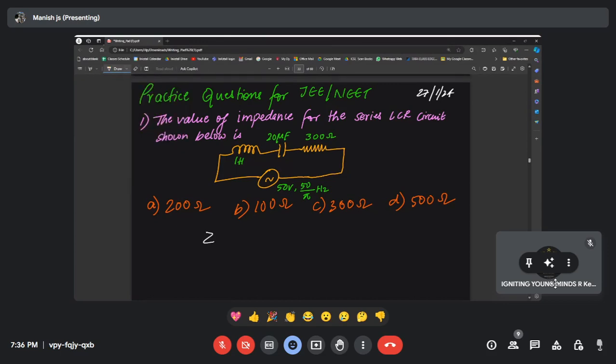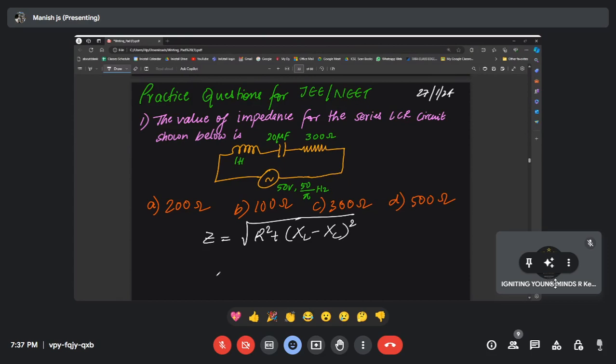It is given by the letter Z. It's the square root of R squared plus, is it XC minus XL or XL minus XC? XL minus XC, yeah, the whole square. So you need to substitute in this formula and find out.